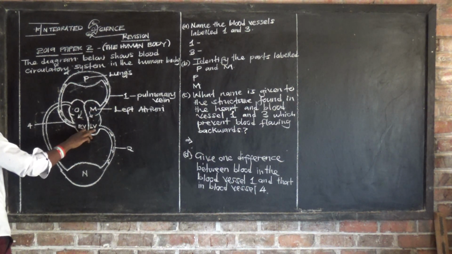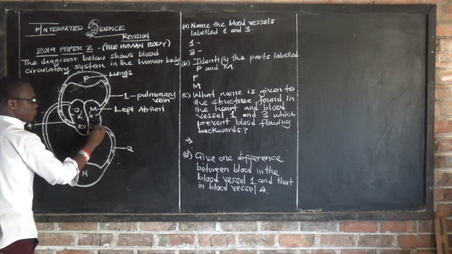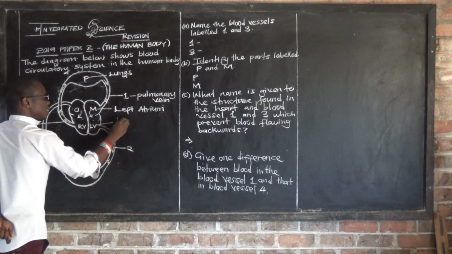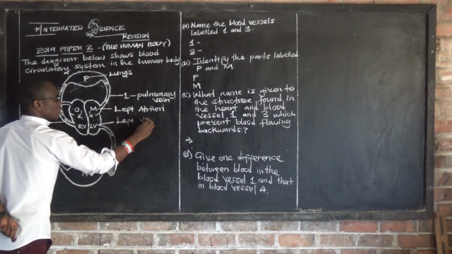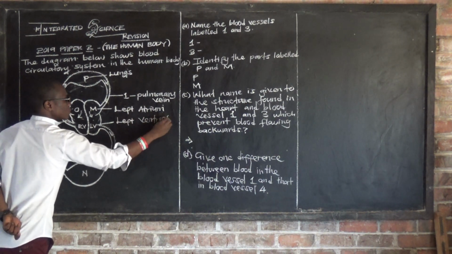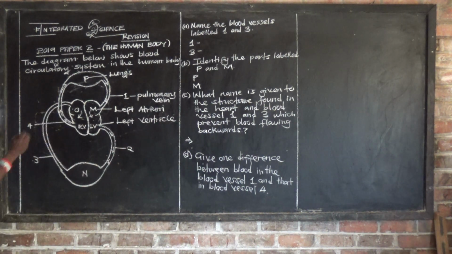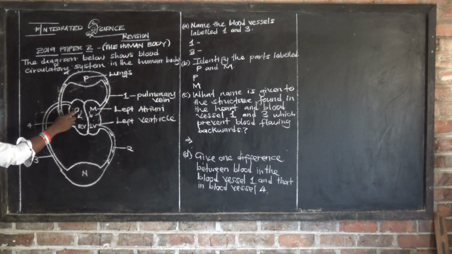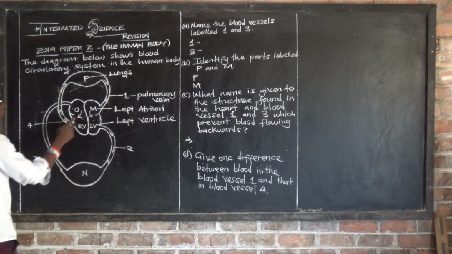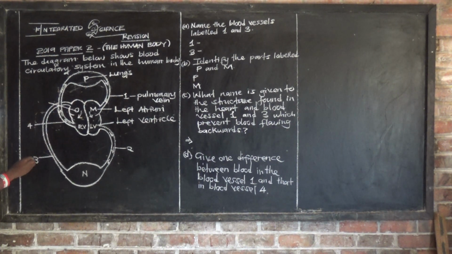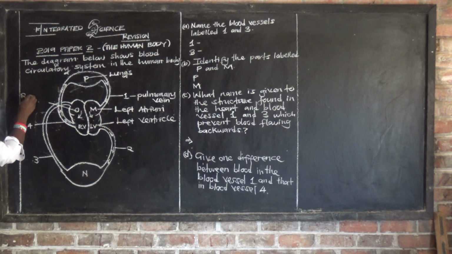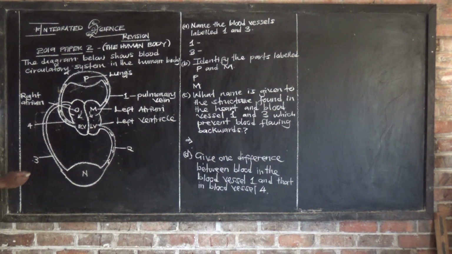As blood moves from the left atrium, it goes into LV. This LV stands for left ventricle. Then you have got O, which is our right atrium.